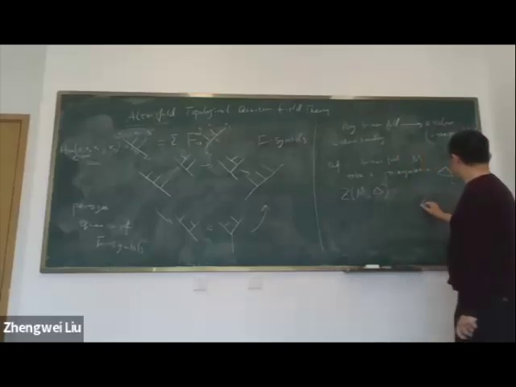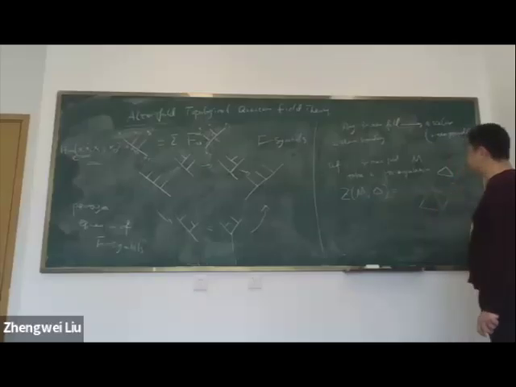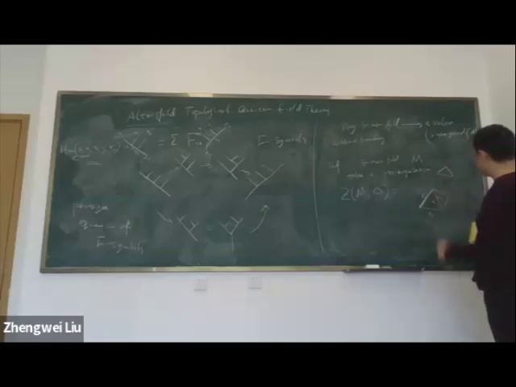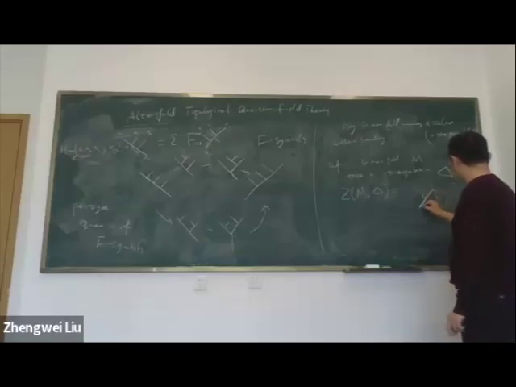And then for each simplex in the triangulation, you can see it has those, we label all the edges by those symbols. And each face, we label each face by a morphism.